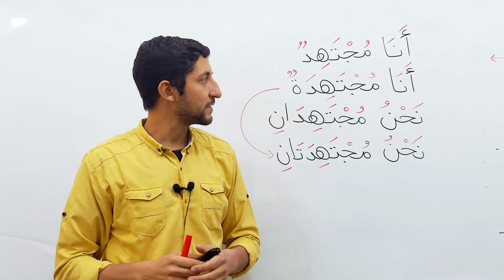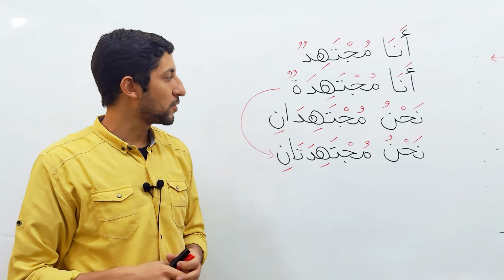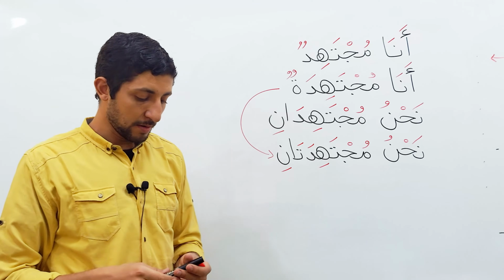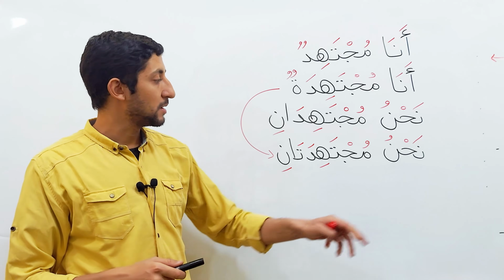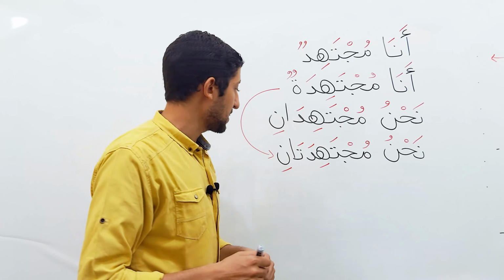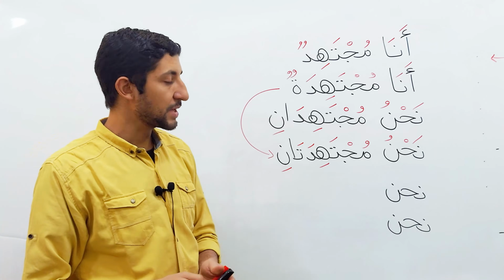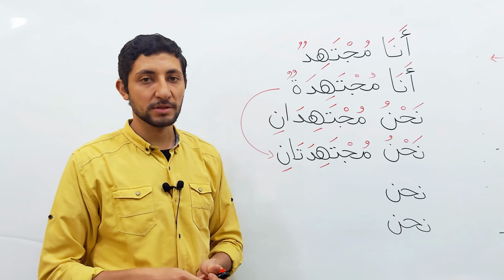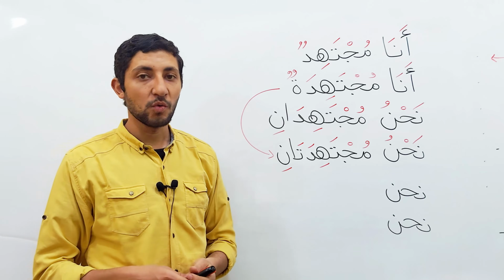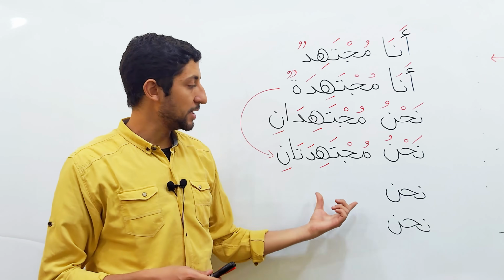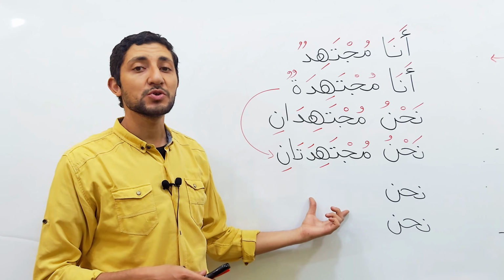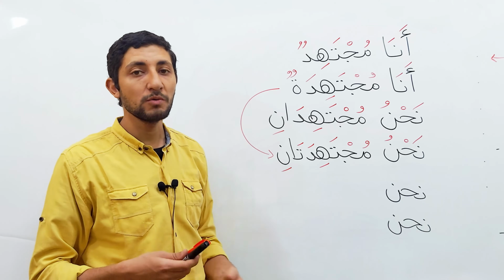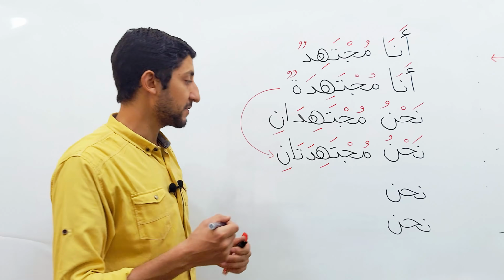Okay, now we finish singular and dual. What about plural? Plural for first person uses the same pronoun, نحن. Let's repeat it twice. Okay, what about plural masculine? We will add the suffix واو نون or ياء نون. Here, as long as it's a predicate of this nominal sentence, it's going to be the first suffix, واو نون, because it's a nominative case.